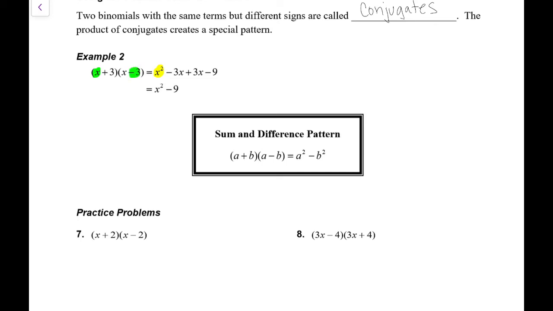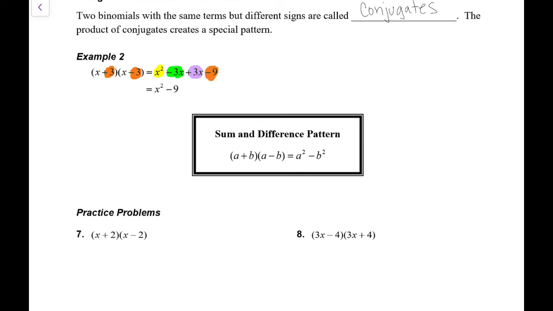If I take x times x, I get x squared. X times negative 3, I get negative 3x. On the inside terms, I get 3 times x gives me a positive 3x in purple there. And then the last two terms would be a positive 3 times a negative 3, which gives us a negative 9.